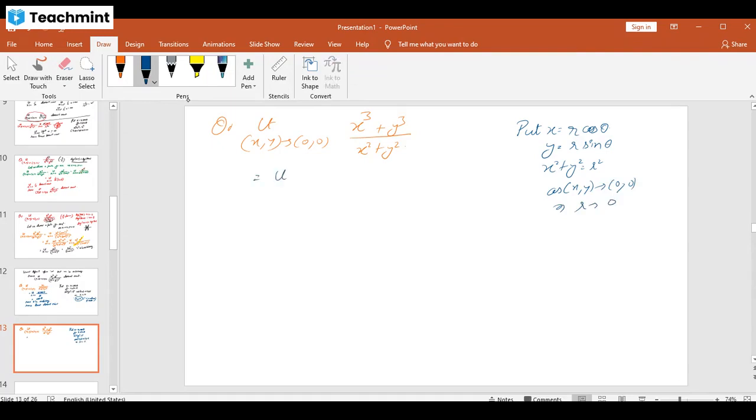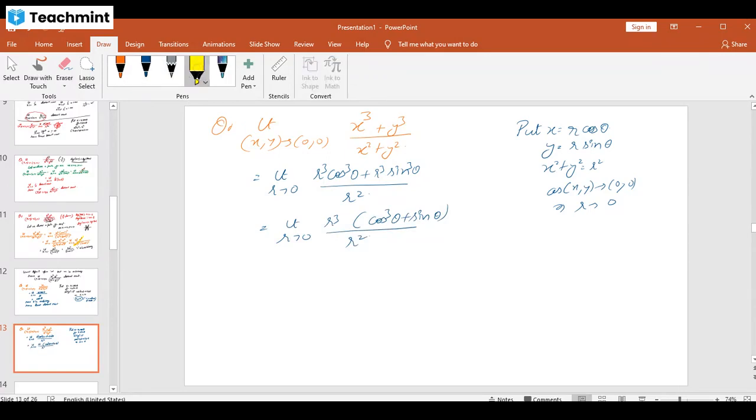So now this problem is converted into limit r approaches 0, x cube plus y cube becomes r cube cos cube theta plus r cube sin cube theta upon r square. Now this is equal to limit r tends to 0. Here r cube is common, so we have cos cube theta plus sin cube theta upon r square.